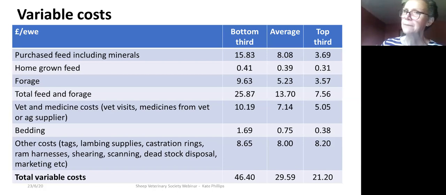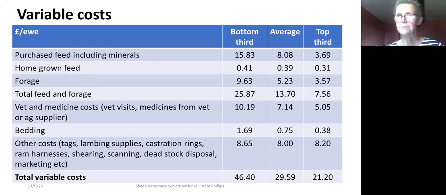And bearing in mind that the lamb output was very similar for those two in terms of sales, but one is using 63 kilos of concentrates and the other only 15, it shows us some major discrepancy in how that feed is utilised on the farms.